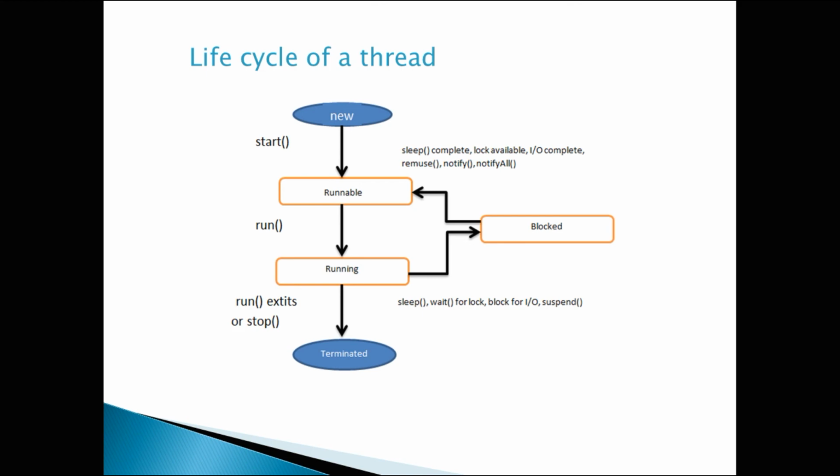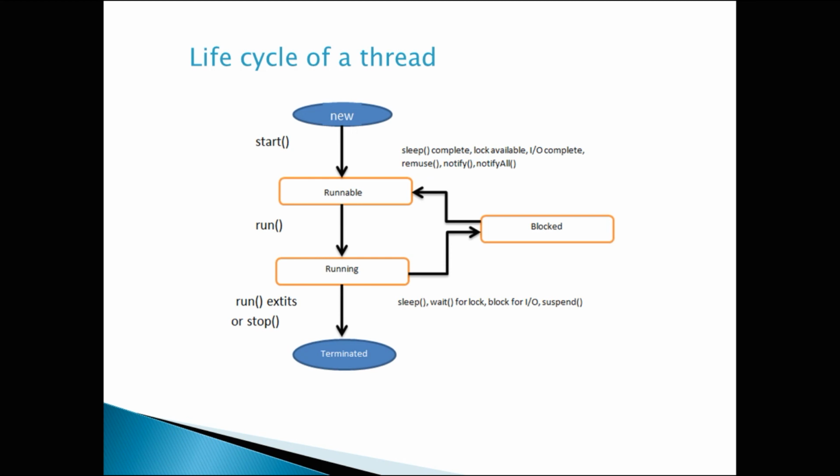Again it will require CPU time, or the scheduler has to schedule the thread. Once the scheduler schedules the thread, once again it will go to the running state to execute the rest of the statements. Once all the statements are executed in the run method, it will go to the death state.